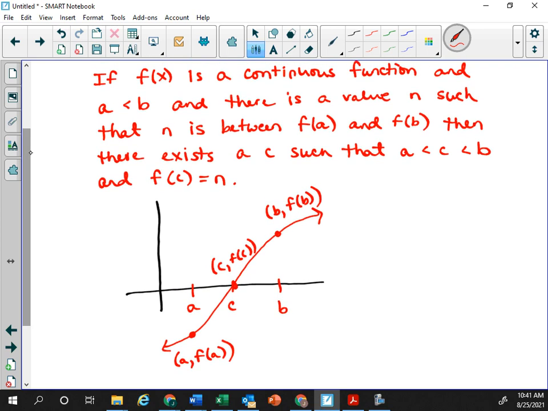And in the theorem, they also talk about f of c equals n. So another way I could write this middle point is c comma n.